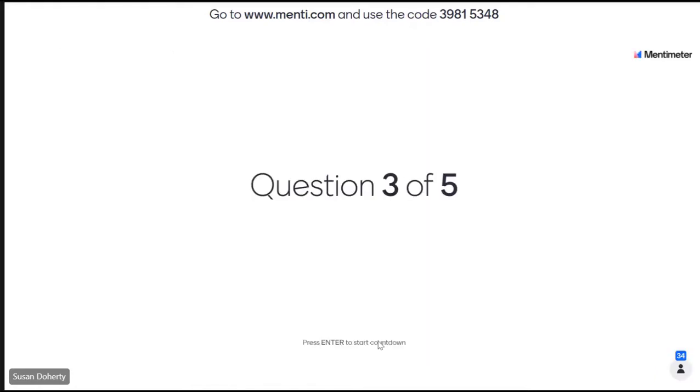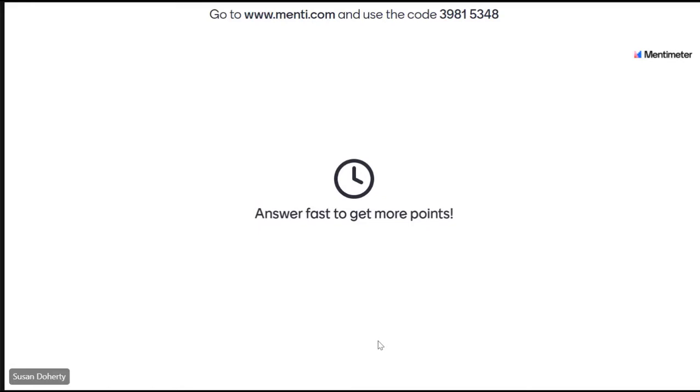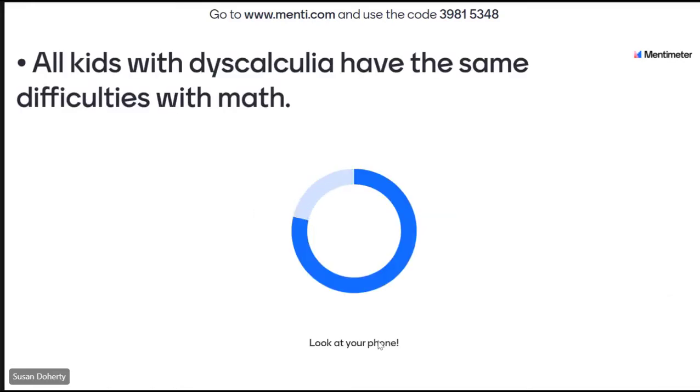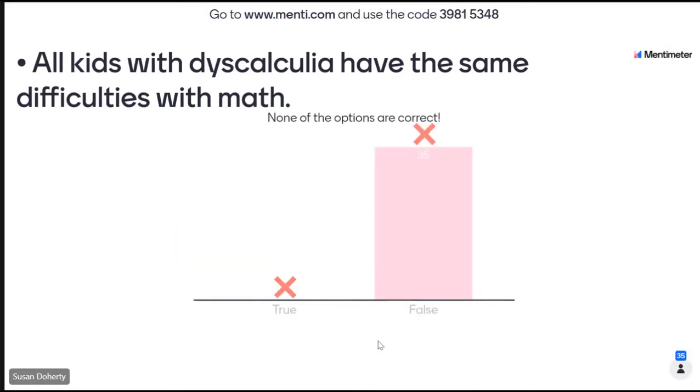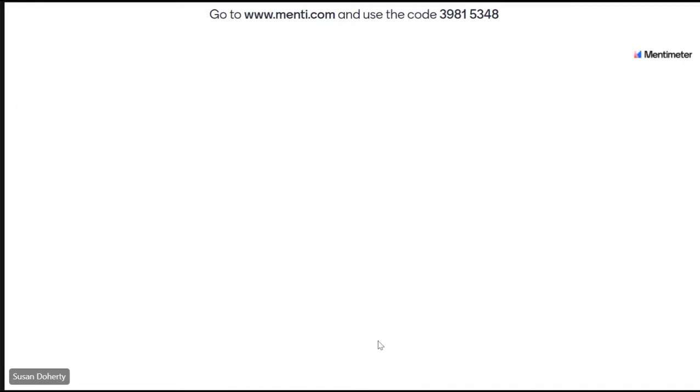Let's see the next one: all children with dyscalculia have the same difficulties. I already gave that one away, I think. That should be an easy one if this was an MCQ. Indeed, we'll talk more about these difficulties, although there are some commonalities between children, and there are 2 in particular that always stand out.